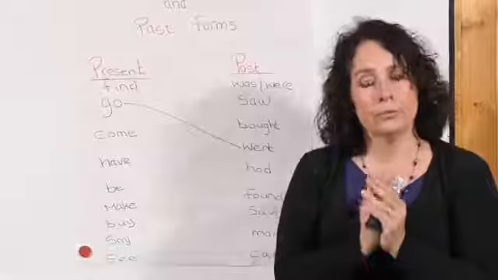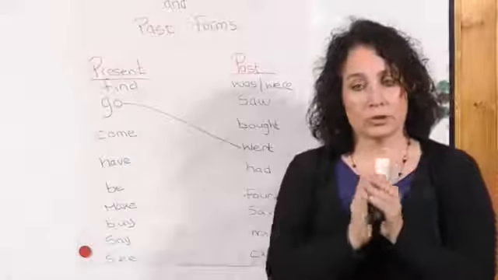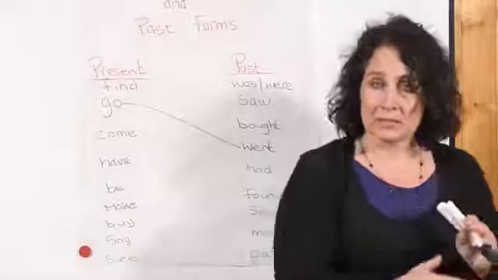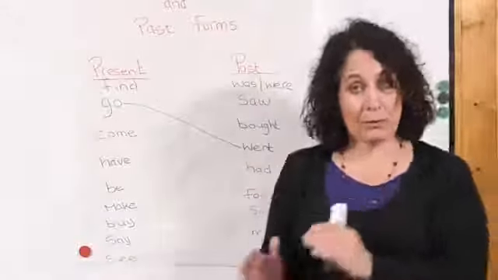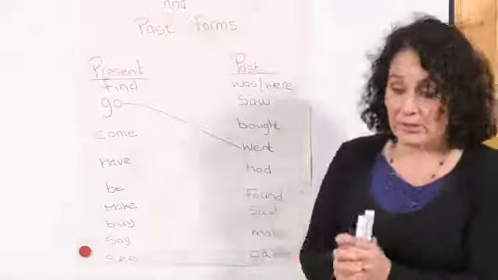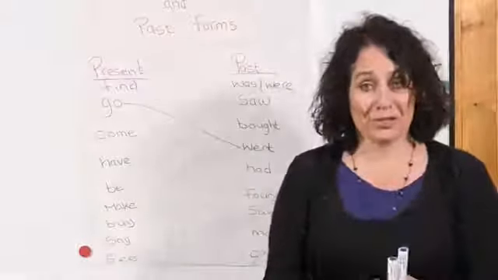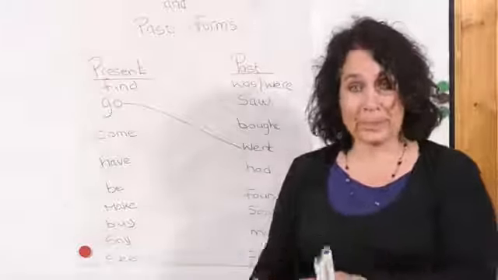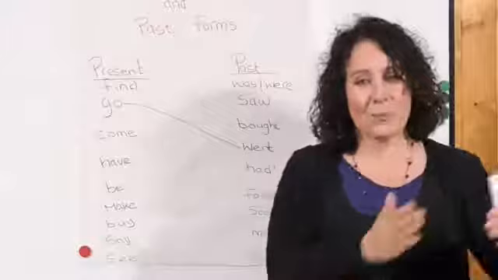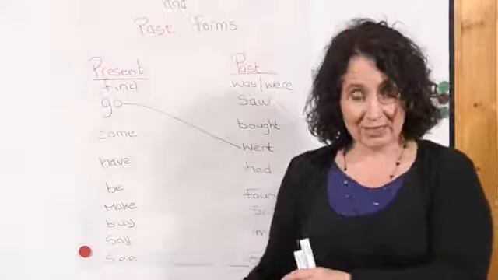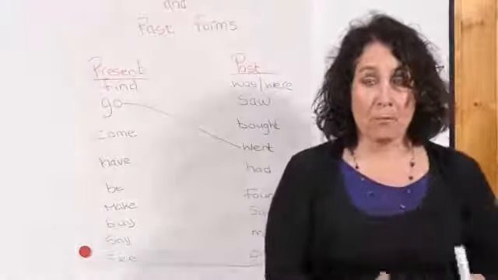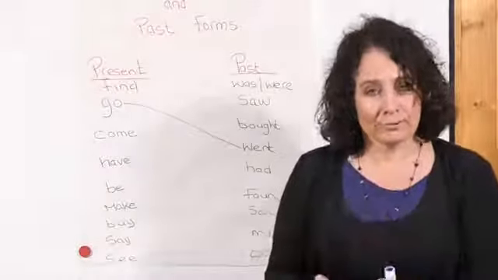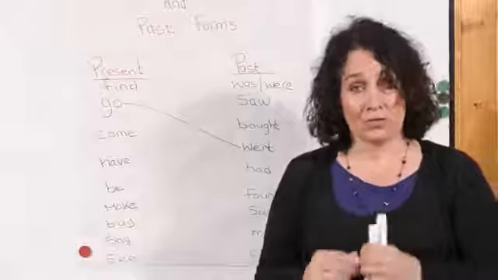If you don't know them, it's important to learn them, because when you need to make sentences in the past about these actions, then you need to know which word to use. We don't say I goed shopping yesterday, we say I went shopping yesterday.